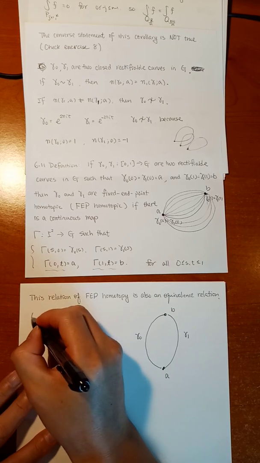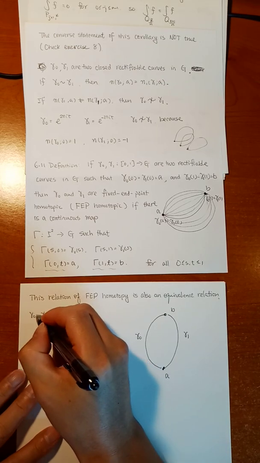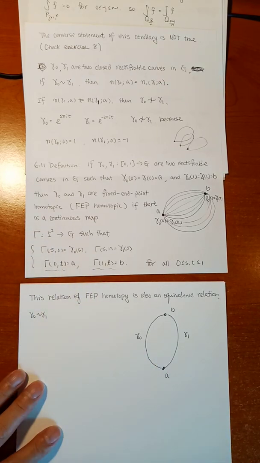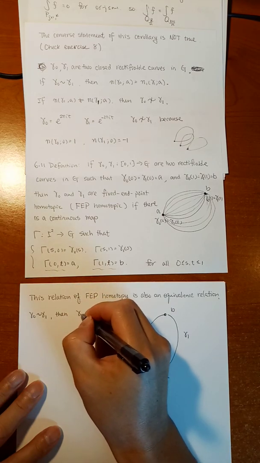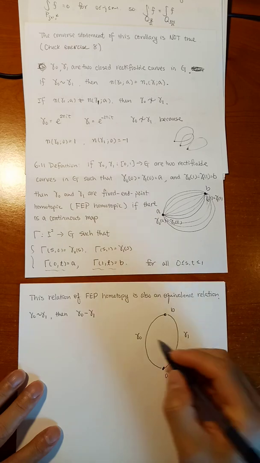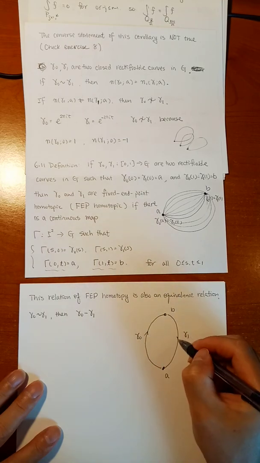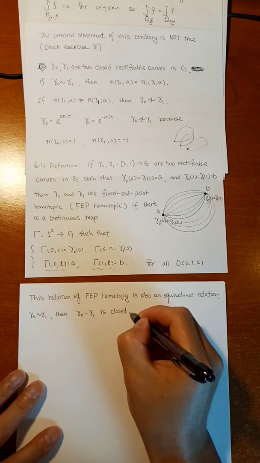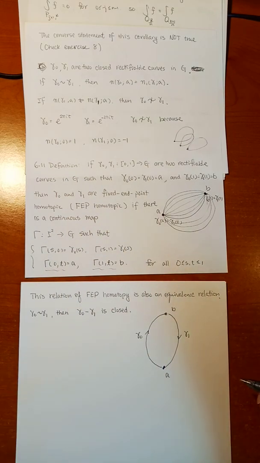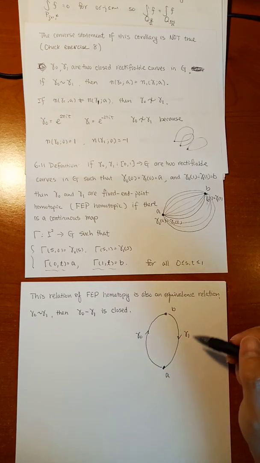We assume gamma 0, gamma 1 are homotopic in G. Then gamma 0 minus gamma 1, in this direction, is closed. Of course, gamma 0, gamma 1 are rectifiable. I'm not going to write that word.